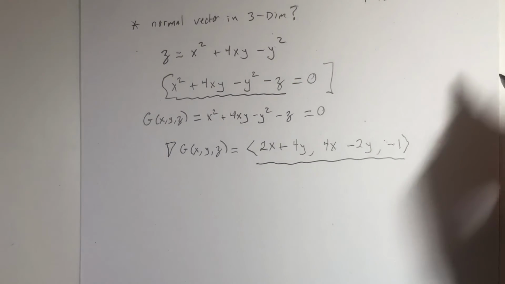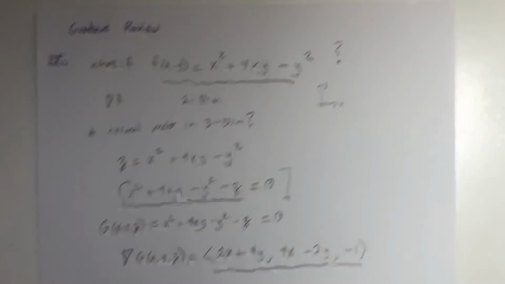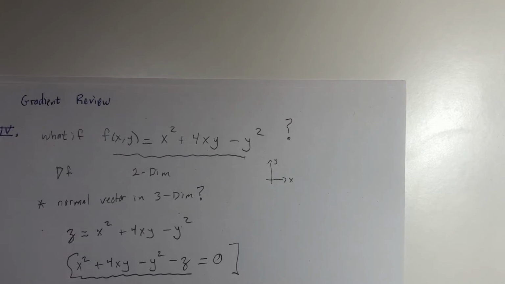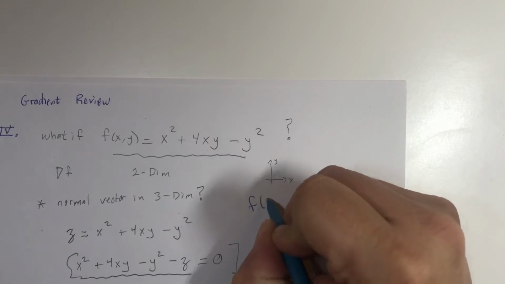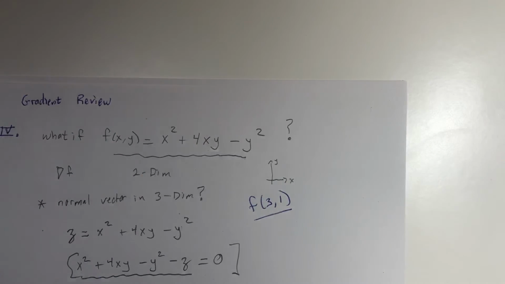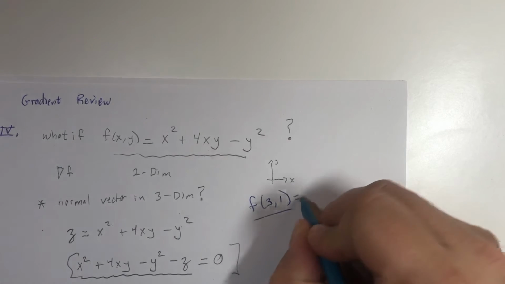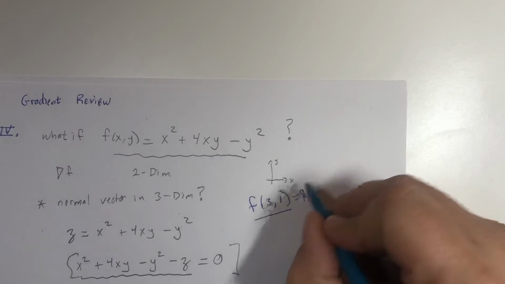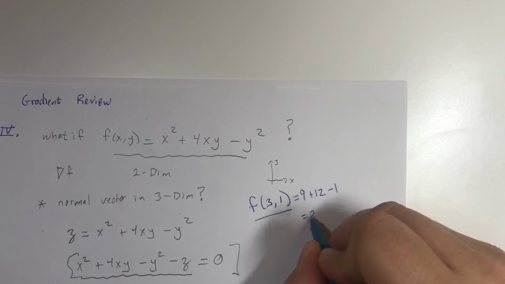Now, let's just get some coordinates to play with. So if we started the problem over again, but I provided you coordinates and we were curious, hey, what's going on in this graph here at the point where x is 3 and y is 1, we could substitute x is 3 and y is 1, and you will get 3 squared is 9, 4 times 3 times 1 is 12, minus 1 squared is minus 1, you're going to get 20.